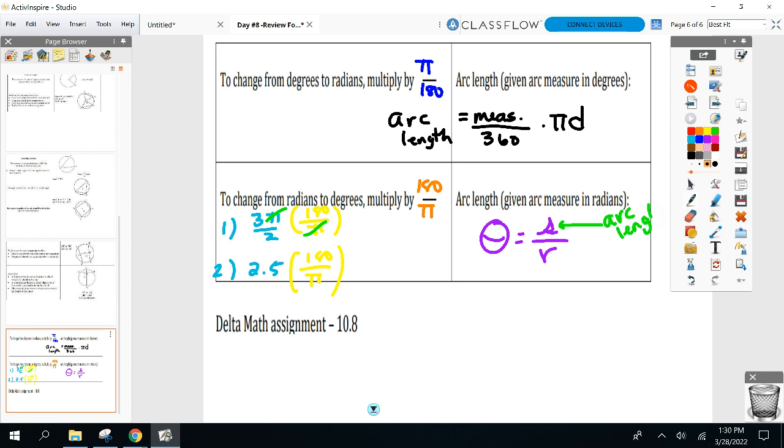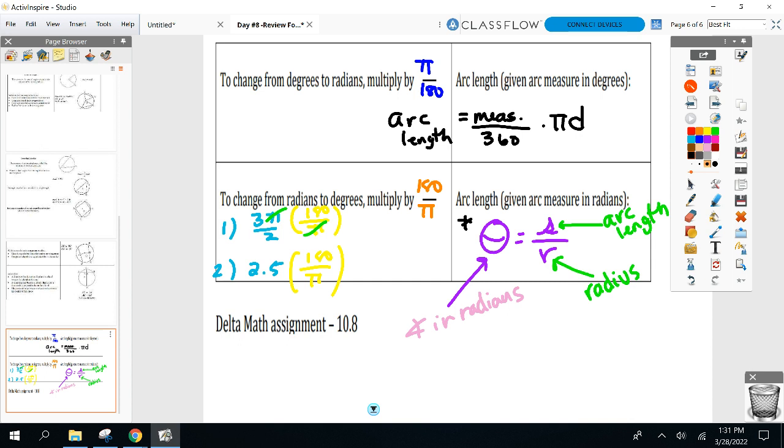R is the radius. Theta is your angle in radians. Remember, you do not have to memorize both. Let's say you just memorize theta equals S over R. Well, you better be able to convert any degrees into radians before you use it then. You do not have to memorize both, but if you're only going to memorize one, you've got to be able to convert.